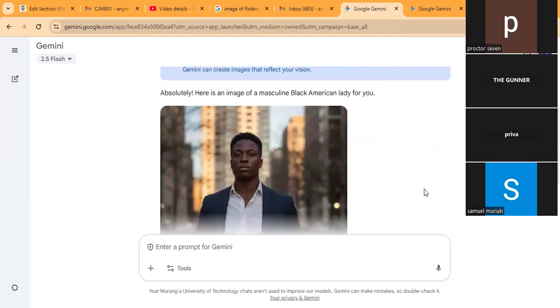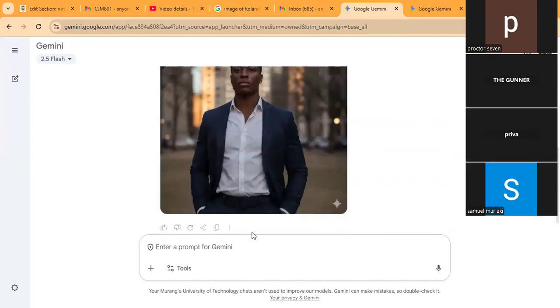And you can now say, let the image be clad in a dress.